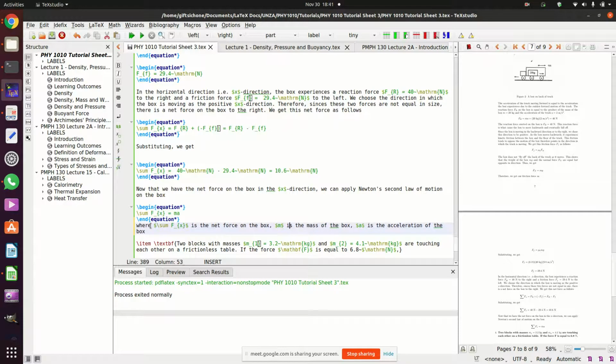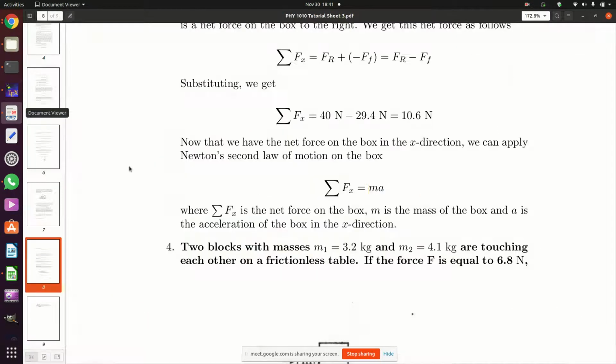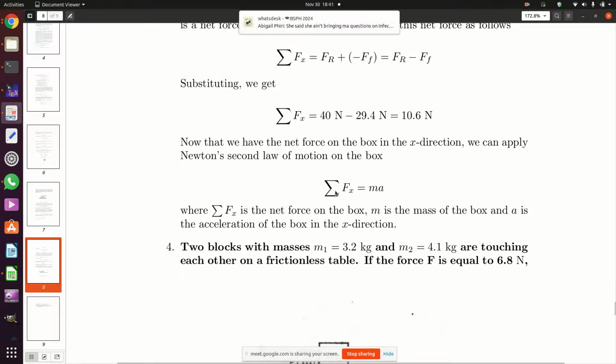M is the mass of the box, and a is the acceleration of the box in the x direction. Okay, so every bit is explained here.